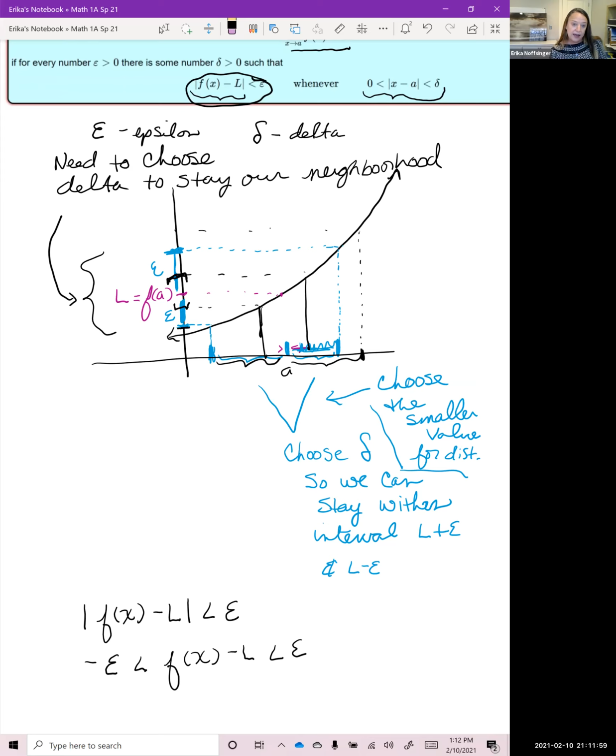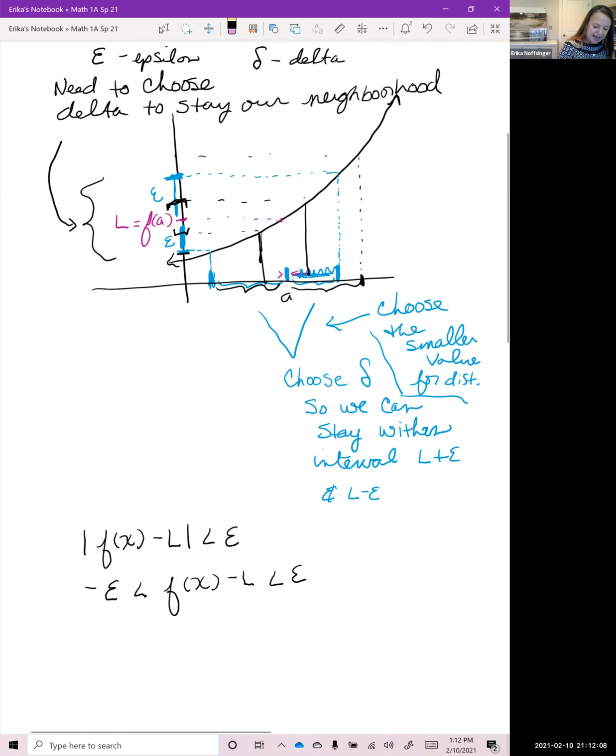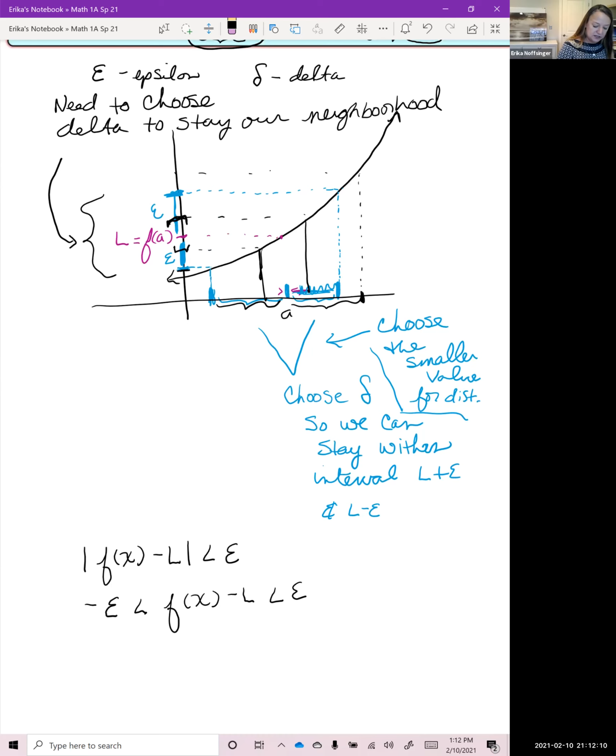So if I isolate my function f of x in between those two inequalities, let's add L to all sides. So if we add L to all sides, this would be L minus epsilon is less than our function f of x is less than L plus epsilon.